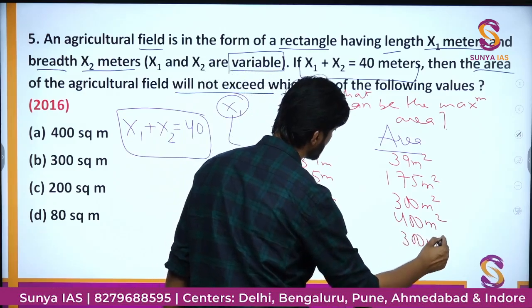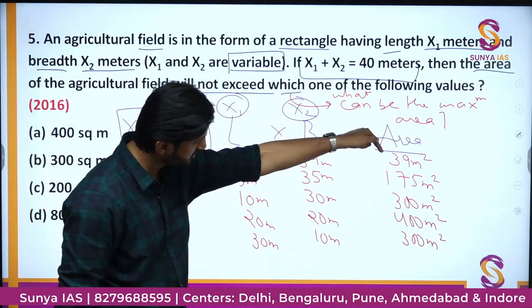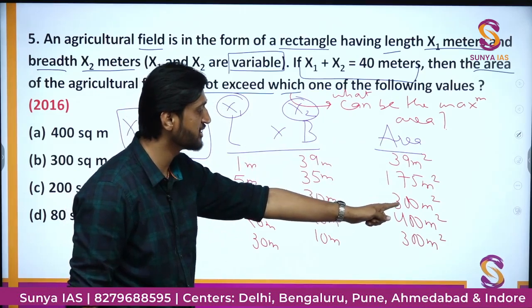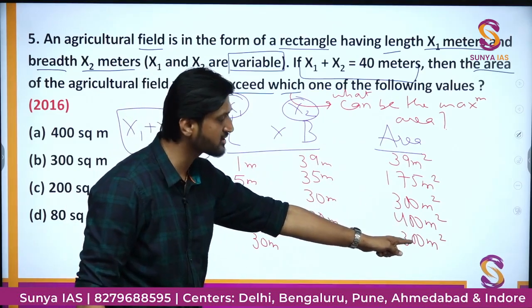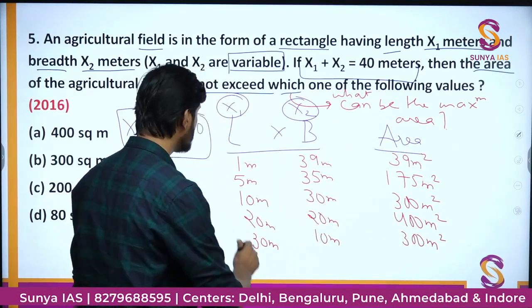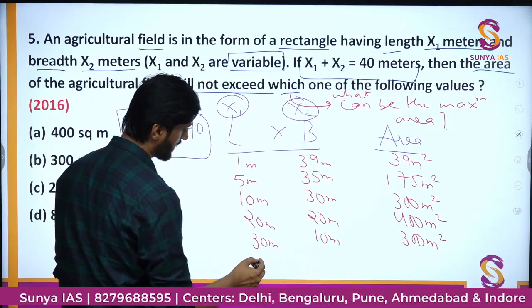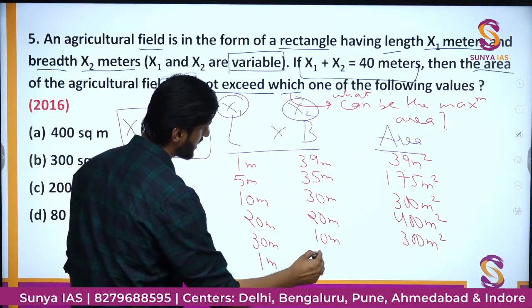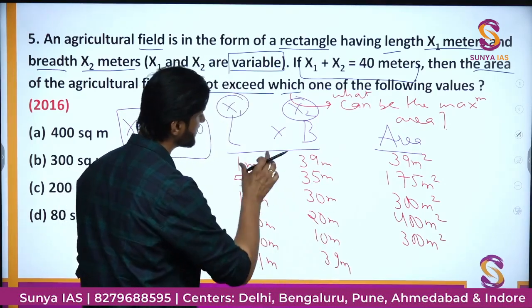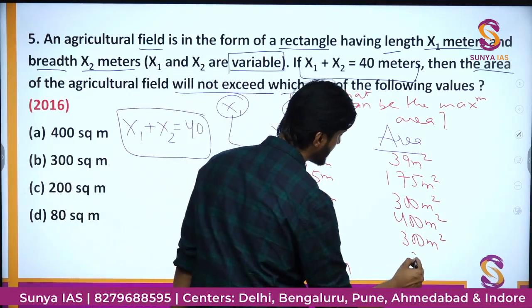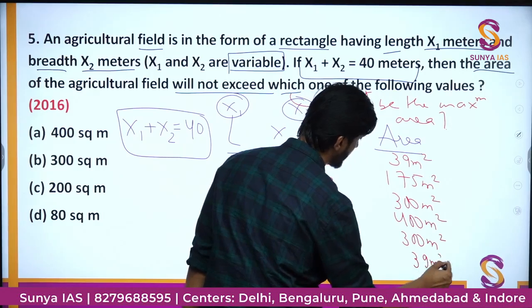So now you can see it was increasing from 39 to 175, then 300, then 400, and now it has started to decrease again. When you take 1 meter and 39 meters, just the reverse of the previous case, the area again falls down to 39 meters square.